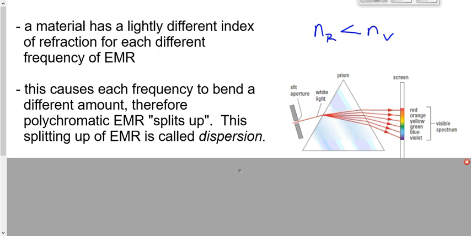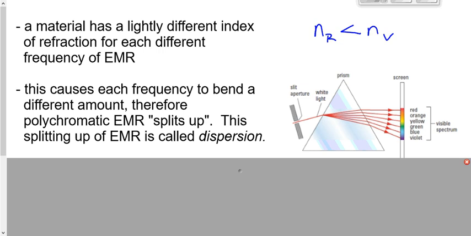Does that make sense? I'll tell you what, I don't memorize that. Here's what I do every time I see a question that asks me to relate the frequency to the index of refraction. I think of that poster on the wall. I picture that album cover, as much as I don't even like that album. I picture that album cover in my head.